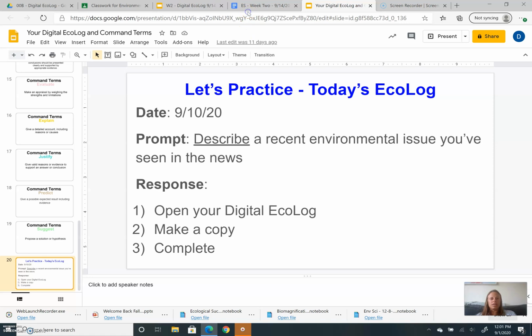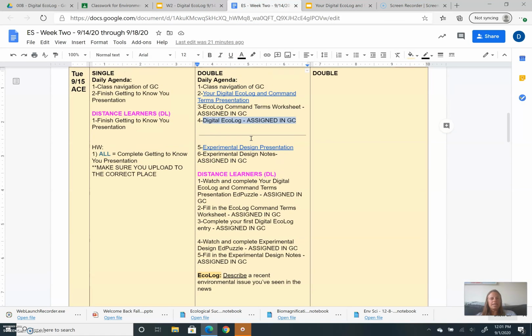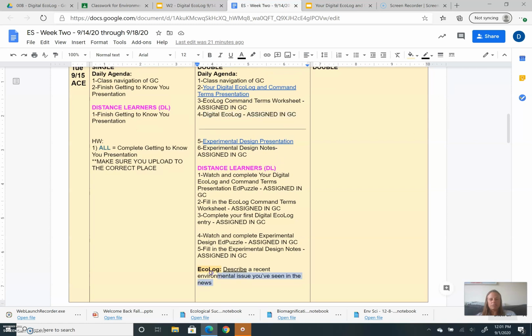You'll also see that the EcoLog will always be written in the weekly schedule. So here's where you'll find each day's EcoLog.